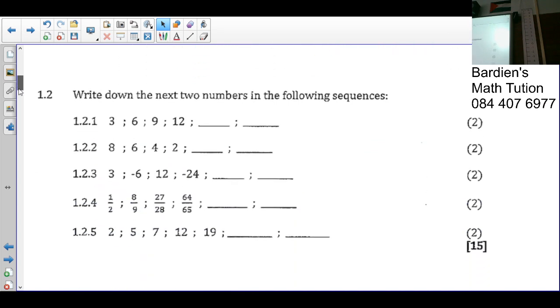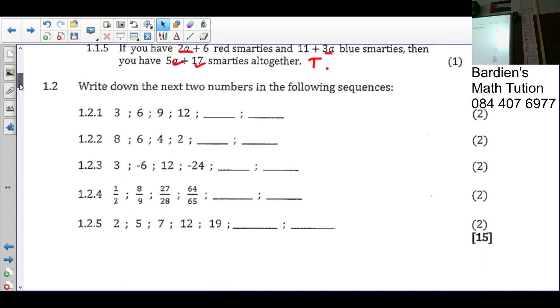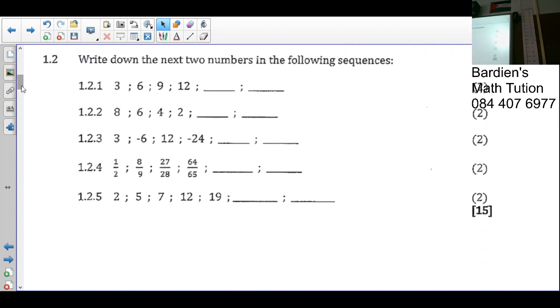Right. Let's go to question 1.2. Write down the next 2 numbers in the following sequences. So here's a mathematical rule. The question is, how do I move from 3 to 6?